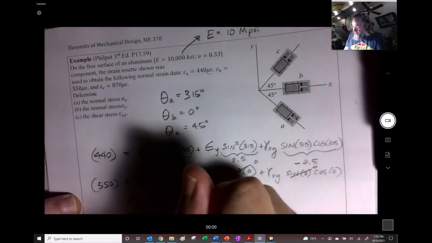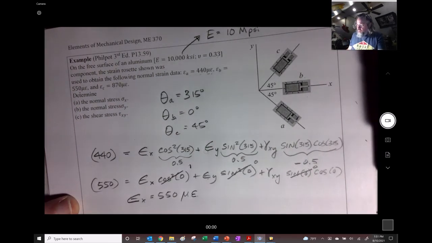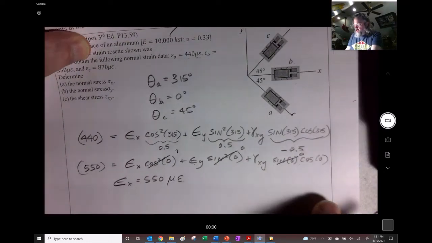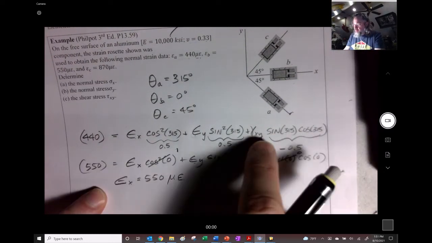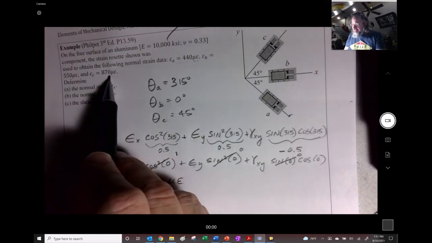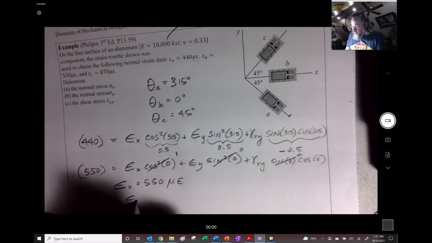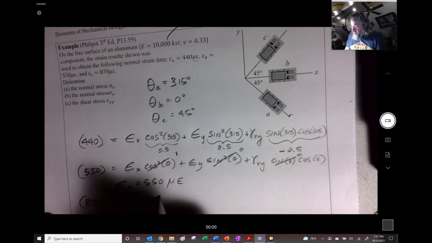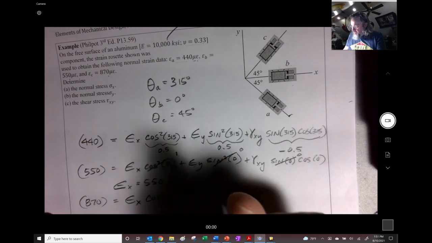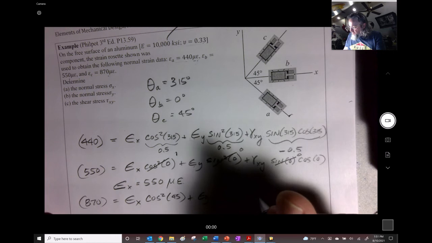And now maybe I'll switch over to the other epsilon. Okay, so we know this one. So now we have two unknowns up in this guy right here. So we're going to use the other equation right here. So we have 870 is equal to epsilon x cosine squared of 45 plus epsilon y sine squared of 45, and we know we're going to get the same thing as before, right?